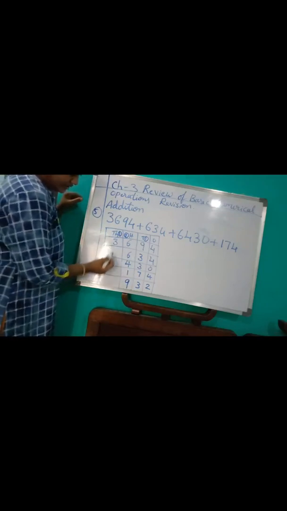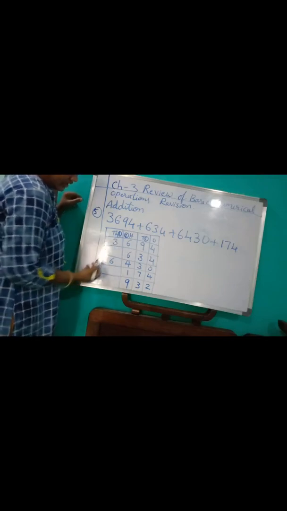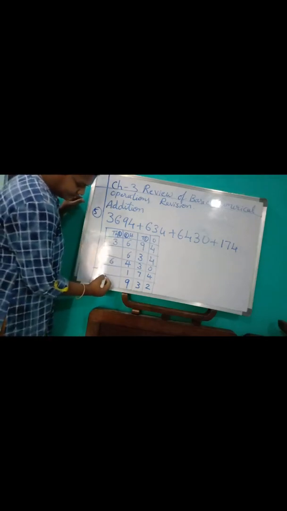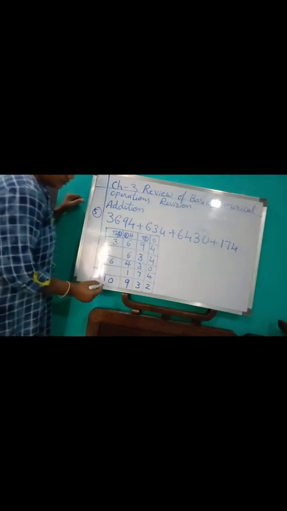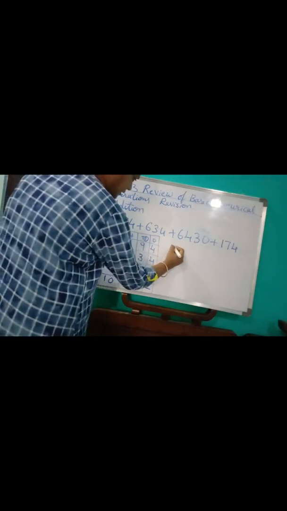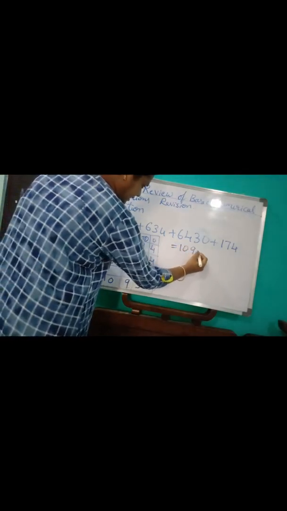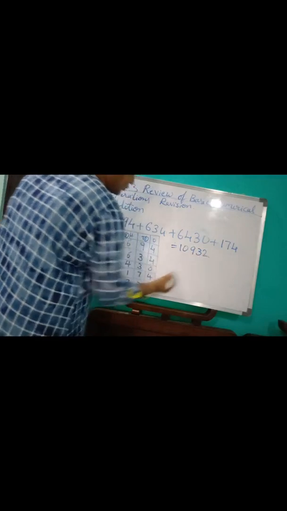Here there is no number, that's why only these 3 numbers you should add. Yes, 10. What is that answer? 10,932. Understood, children?